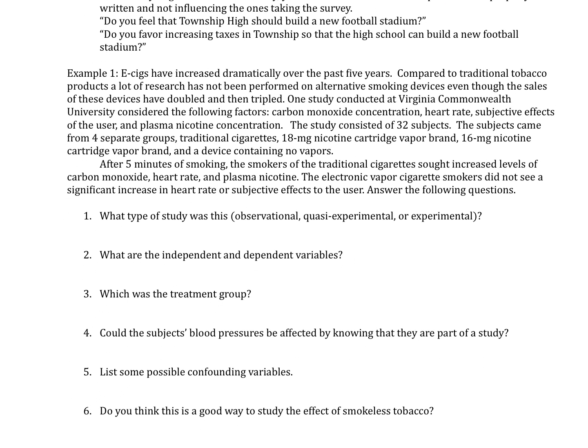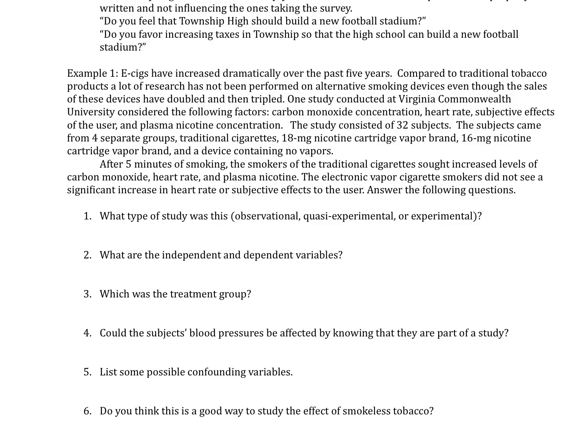All right. Example 1, e-cigs have increased dramatically over the past 5 years. Compared to traditional tobacco products, a lot of research has not been performed on alternative smoking devices, even though the sales of these devices have doubled and then tripled. One study conducted at Virginia Commonwealth University considered the following factors: carbon monoxide concentration, heart rate, subjective effects of the user, and plasma nicotine concentration. The study consists of 32 subjects.